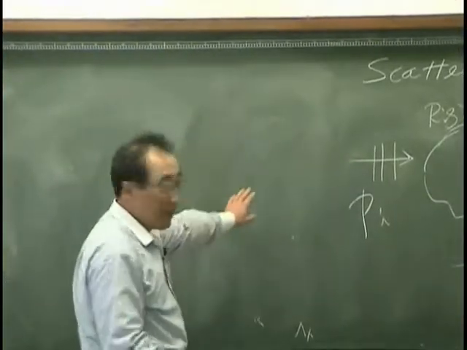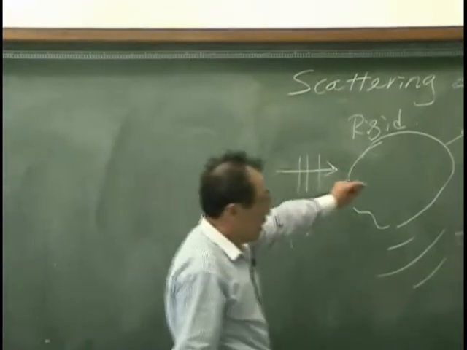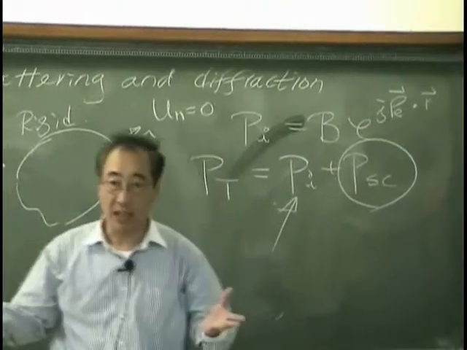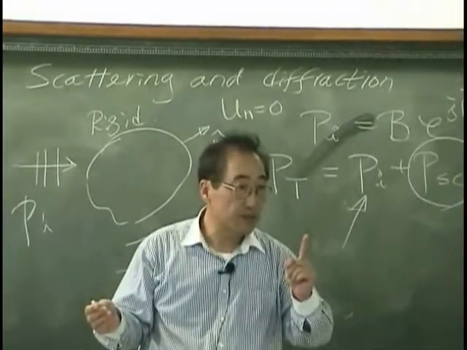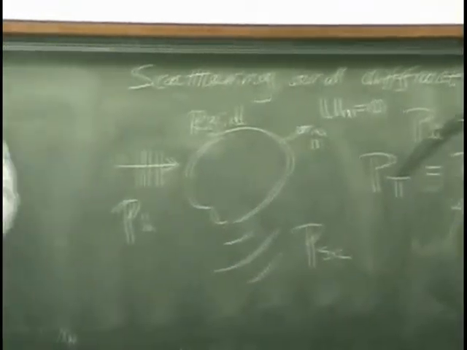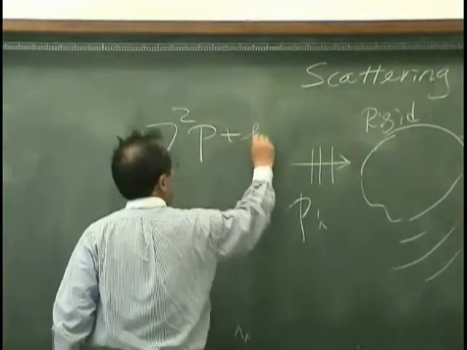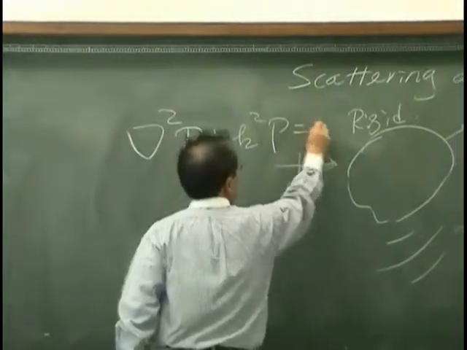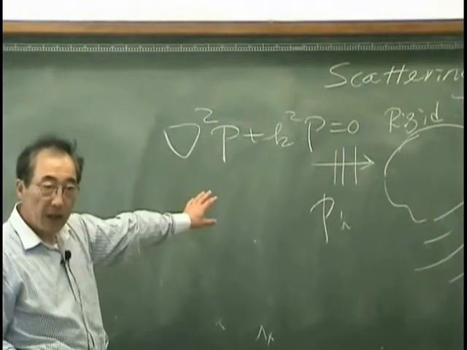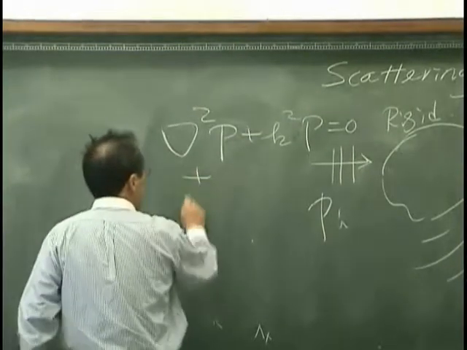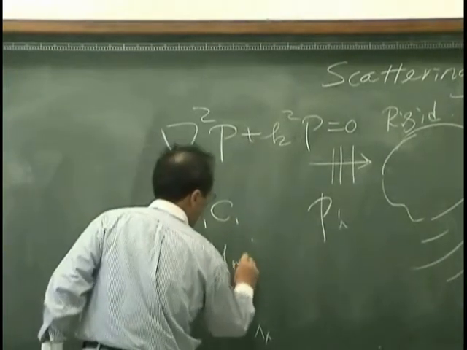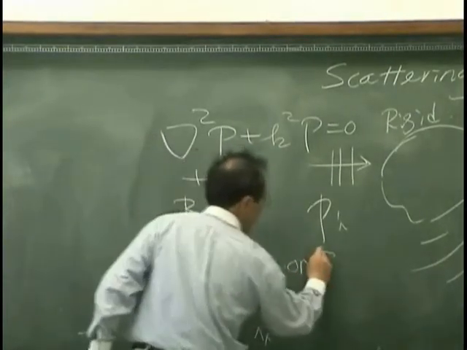Okay, then what I can say is that the objective is to find the PSC. Mathematically, that means I need one more equation, and of course those satisfy the wave equation, plus the boundary condition, that is UN equal to 0 on S0.